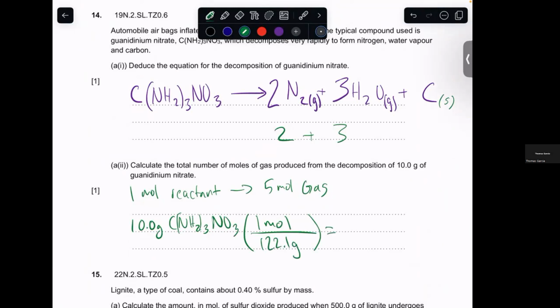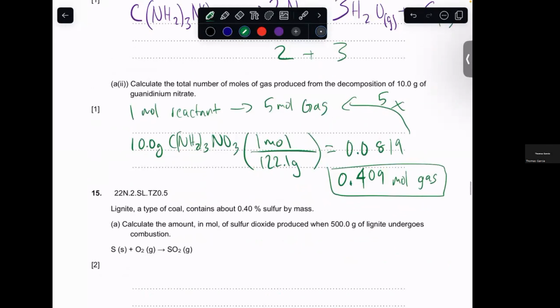And let me just calculate that super quickly. So that gives us 0.0819. And then all we're going to do is multiply that number by 5 because we get 5 moles. And that will give us a final reading of 0.409 moles gas.